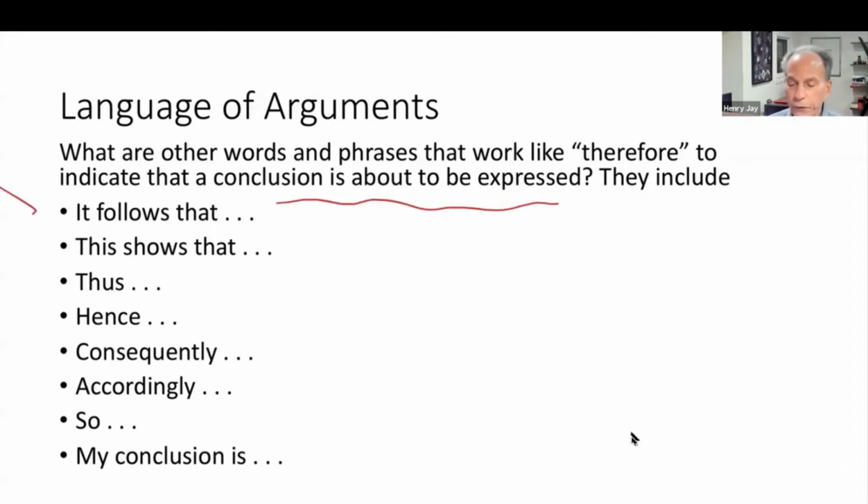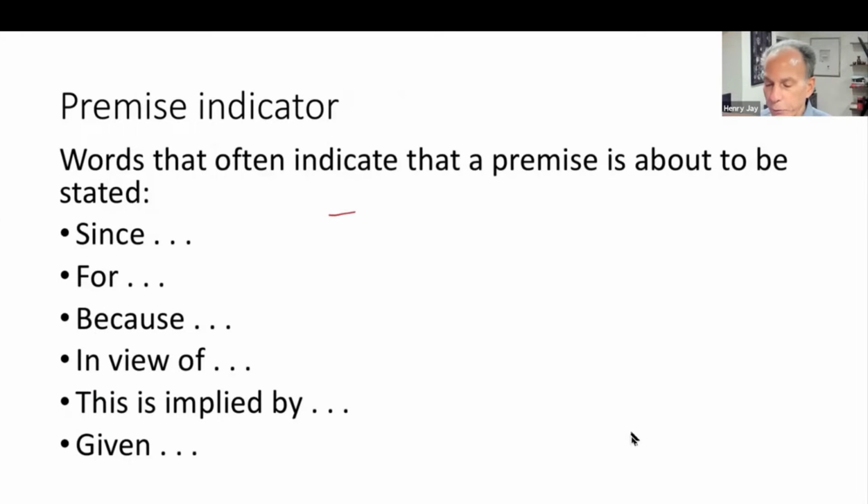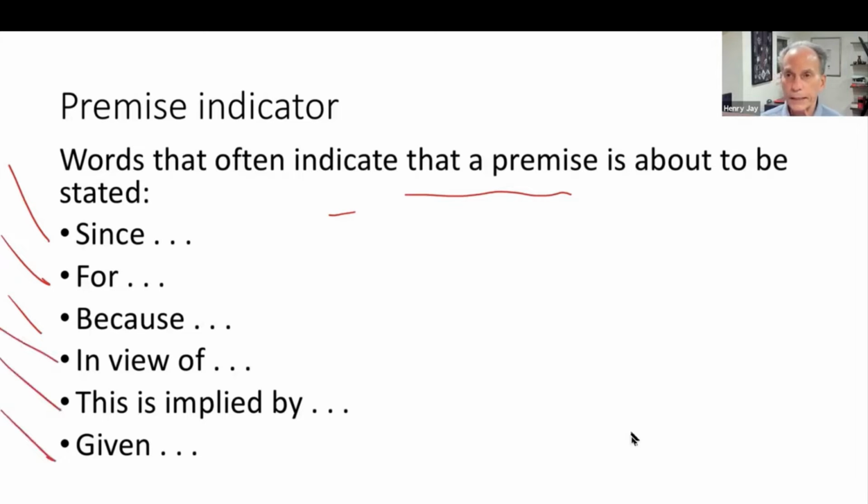The author could say it follows that, this shows, which you read frequently in a scientific paper, table shows that, thus, hence, consequently, accordingly, so my conclusion is. Now, words that often indicate a premise is about to be stated are since, for, because, this is implied by, this is given by. Those are indicators that the following sentence is a reason for your conclusion.